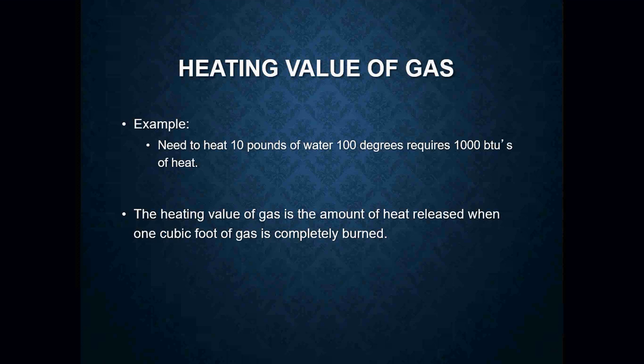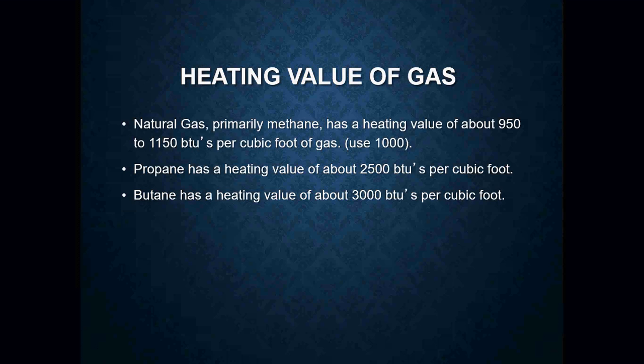The heating value of gas is the amount of heat released when 1 cubic foot of gas is completely burned. Natural gas, primarily methane, has a heating value of about 950 to about 1,150 BTUs per cubic foot. In a lot of our gas sizing calculations and BTU calculations, we pretty much round the heating value of natural gas to 1,000.